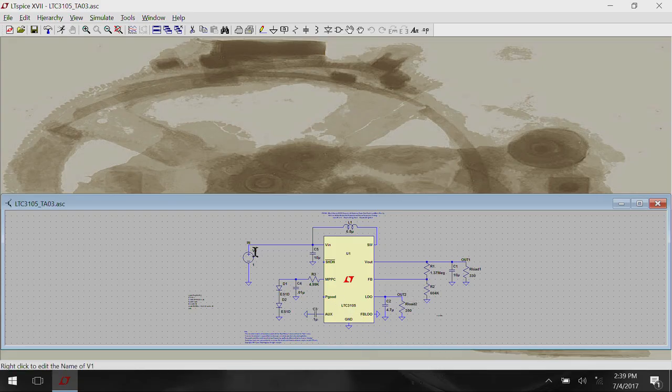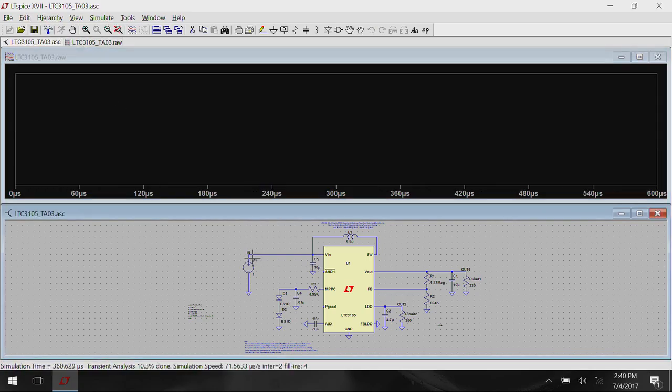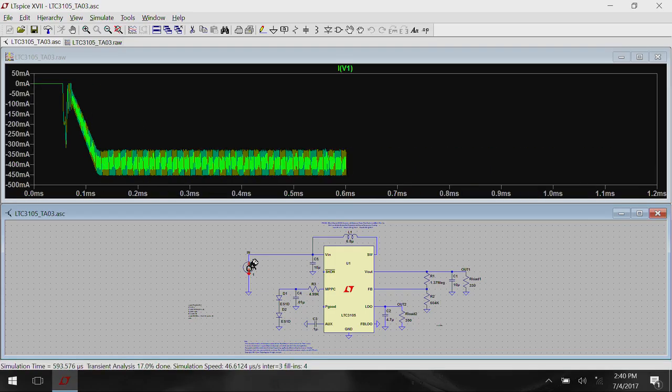Simulate, I think something went wrong. Oh, something went wrong in this simulation here.